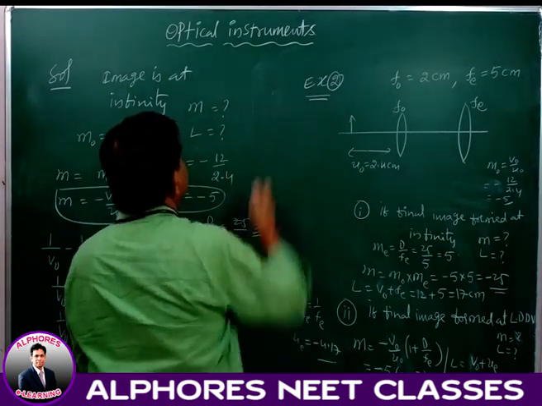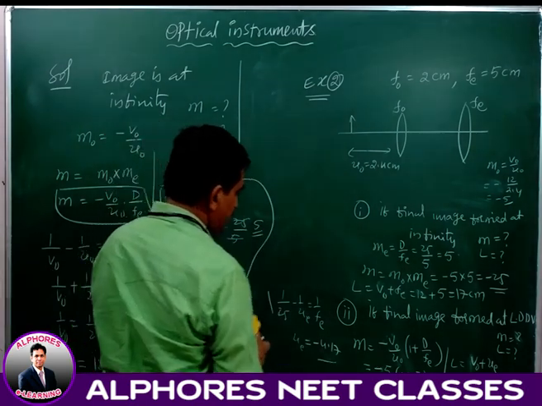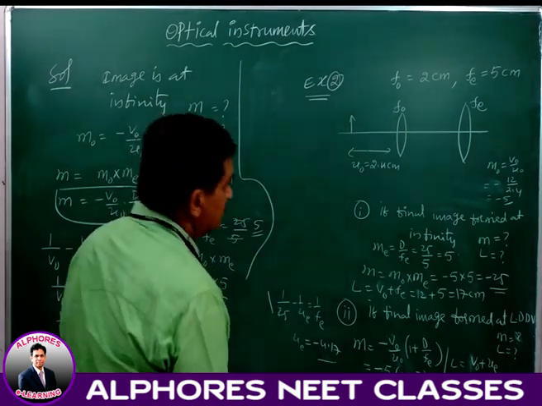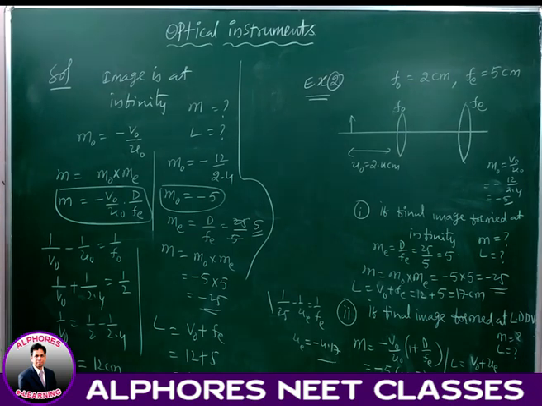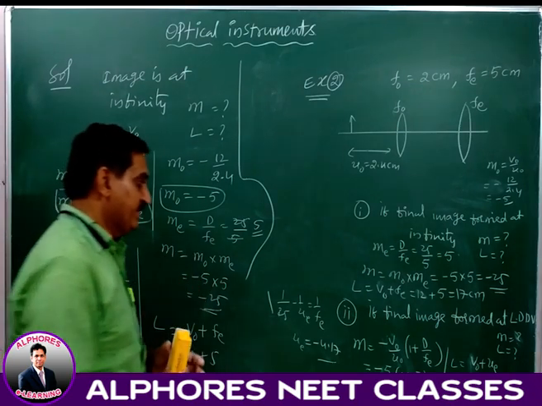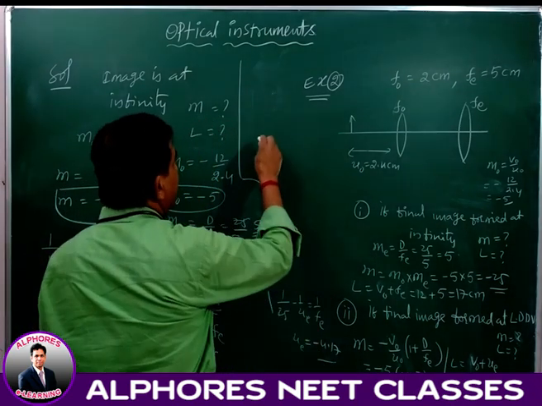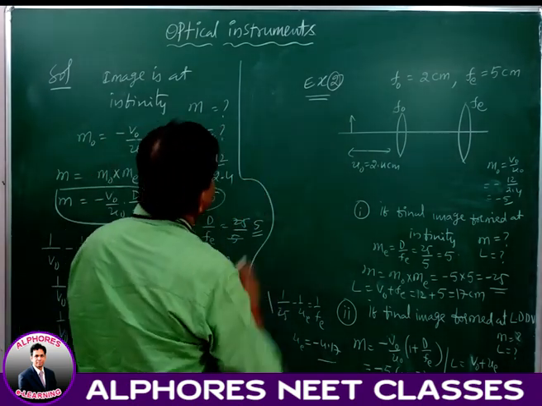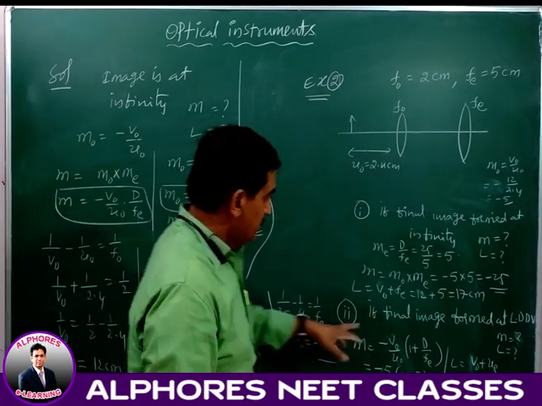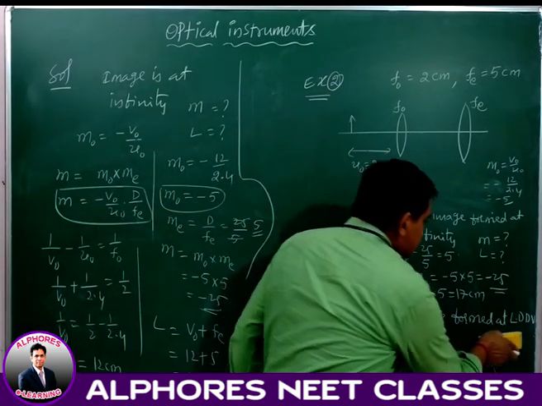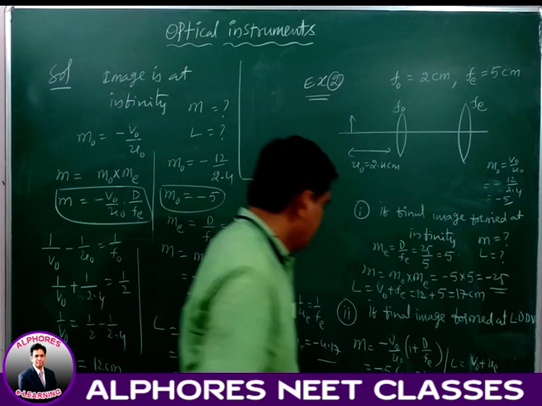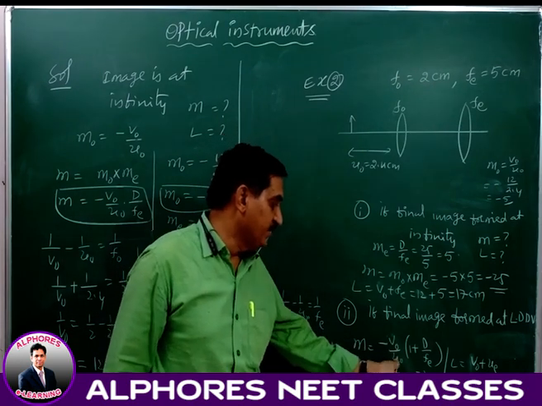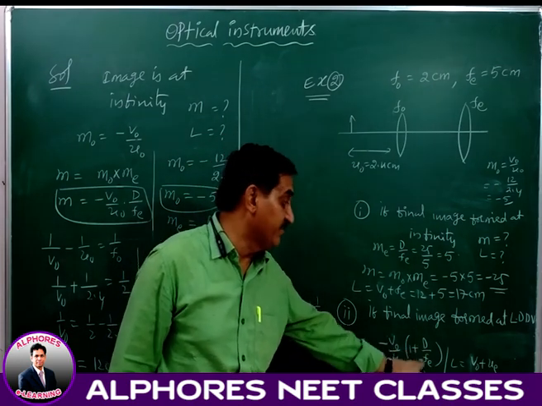The second question is, if the image is formed at LDDV, what is the magnifying power? So when the image is formed at LDDV, the formula is M is equal to minus v naught by u naught into 1 plus d by fe.